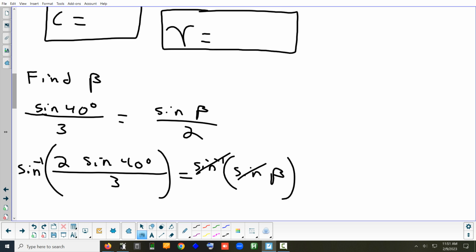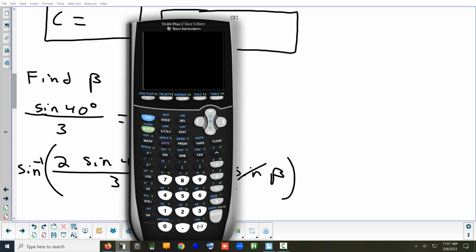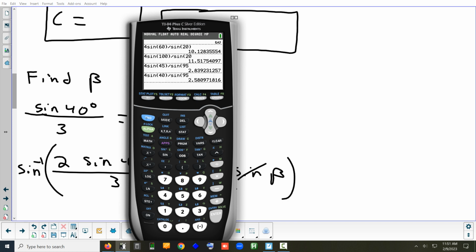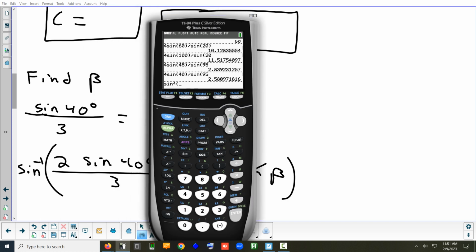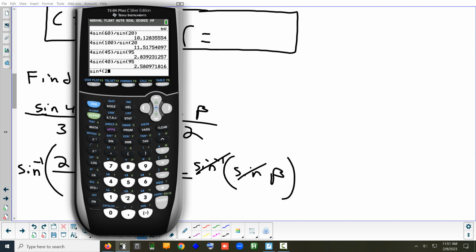There we go. So now we need to type that in. There's nothing you can try to cancel. You got to type it in exactly the way it is. So inverse sine of 2 sine 40. Close your parenthesis, because you're done with the argument to the sine function. You don't want to take the sine of 40 thirds.